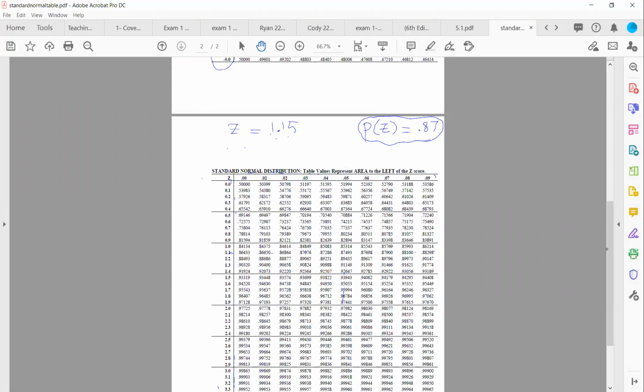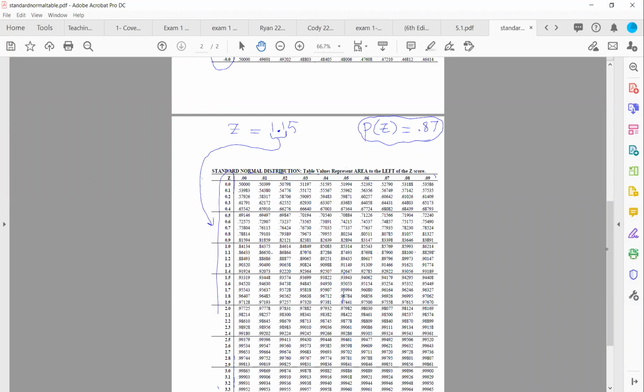I have to use positive Z values. I have 1.1 and 5. The first two digits to the left and right of your decimal place is a number on the first column.